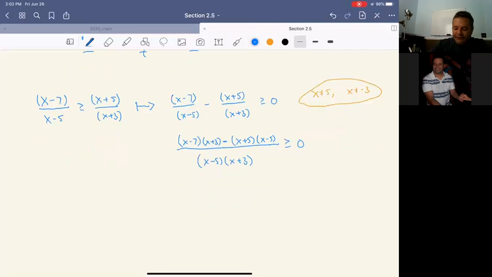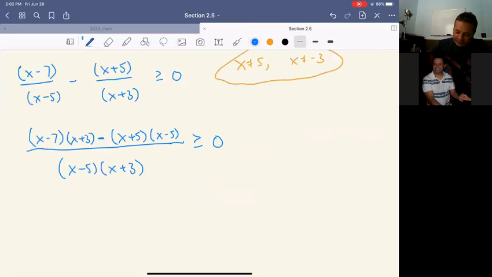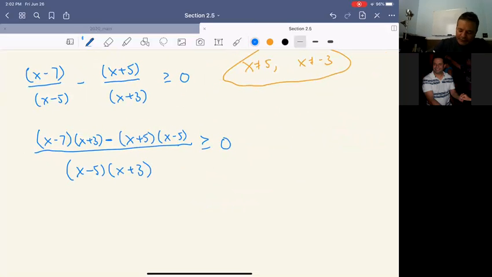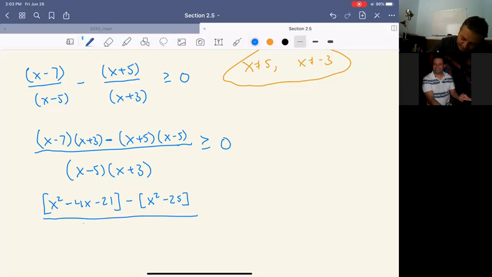All right, so now we're going to do a little multiplying it out. x squared minus 4x minus 21 minus (x squared minus 25), divided by x minus 5 times x plus 3.